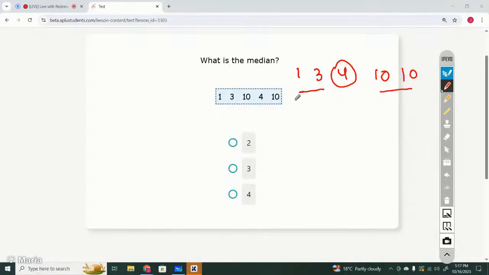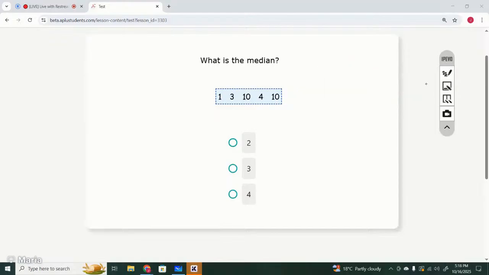Before the median, you have all the numbers that are less than the median, and after the median, you have all the numbers that are greater than the median. So 4 is the median. The correct option is 4. Option number 3 is the correct option.